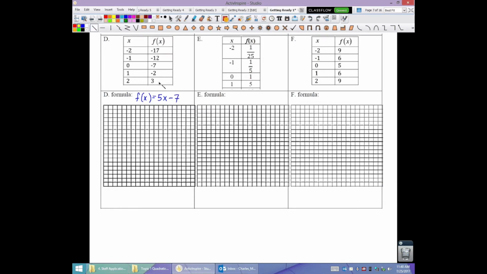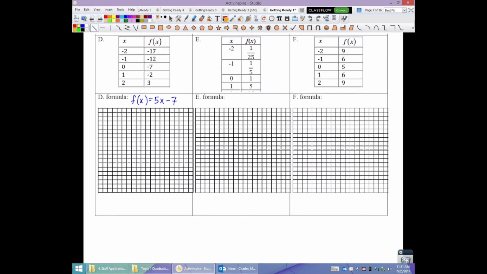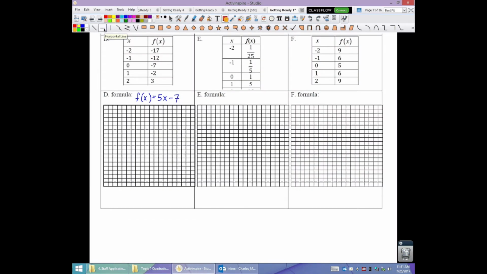That's exactly the number of boxes I have. So if I planned it just right, I could make my x-axis here, which leaves me 17 boxes below the x-axis for negative 17, 3 above for positive 3.